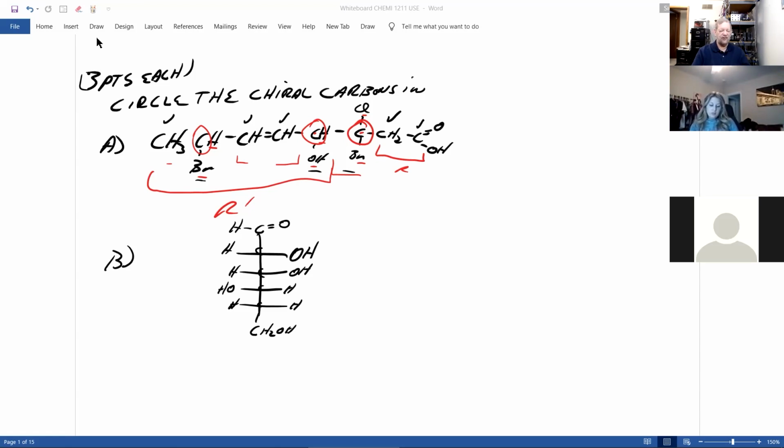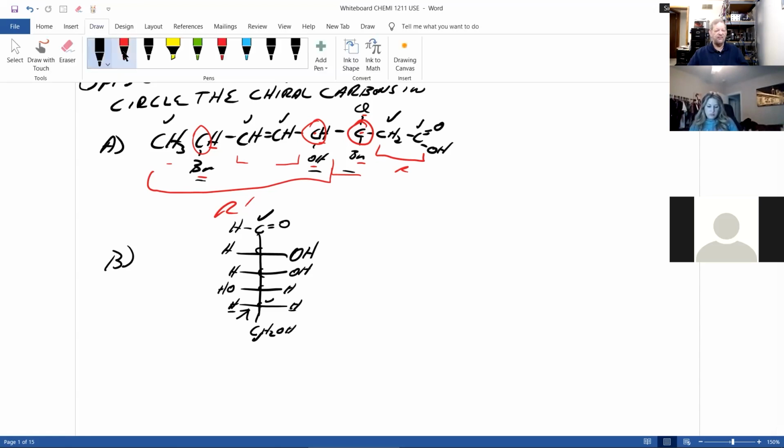All right, looks like everybody's done, so let's get to work. If a carbon has two or more of the same group or is in a double or triple bond, it can't be chiral. This carbon on top here is in a double bond. This carbon has two hydrogens, and this carbon has two hydrogens. So it's out. And what does that leave us?